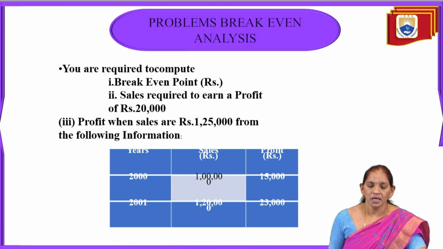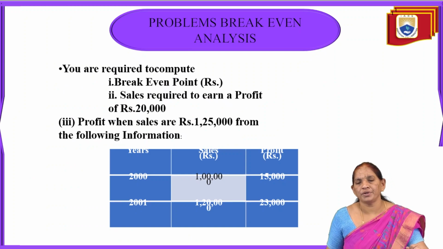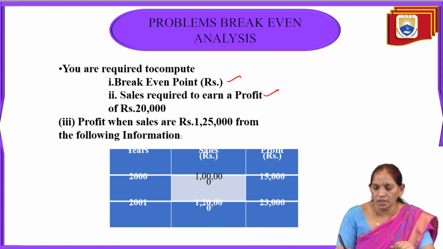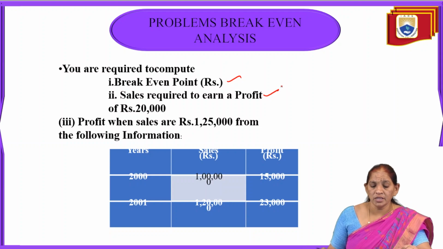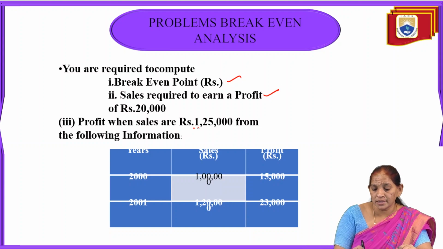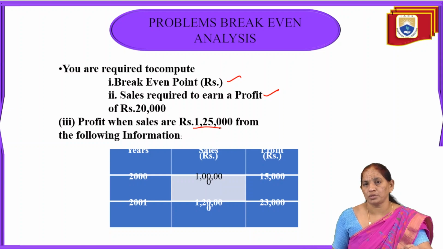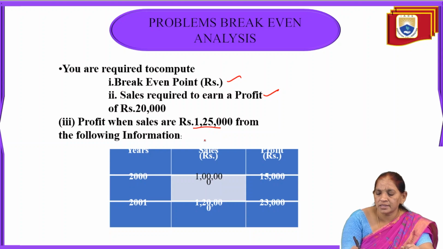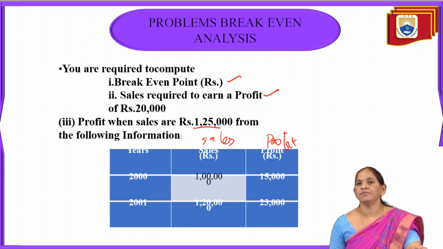Now we'll see a different pattern of problem, which asks us to calculate the break-even point, the sales to earn a profit of 20,000, and the profit when sales are 1,25,000. Here he has simply given years, sales and profits, and no other information.